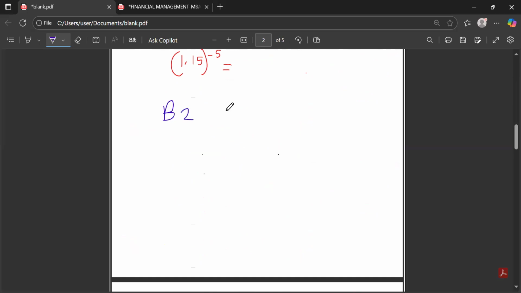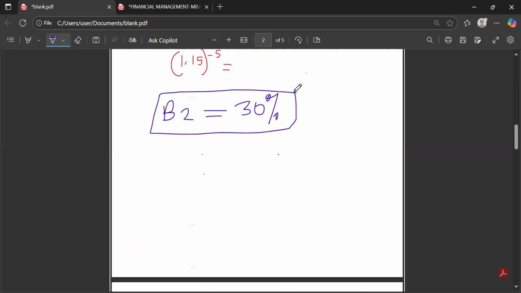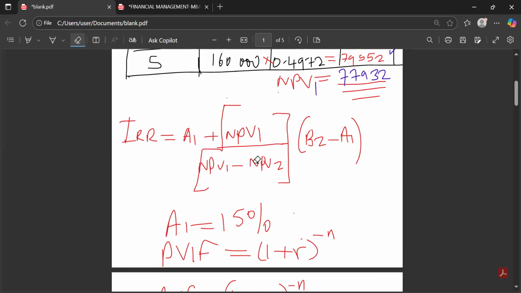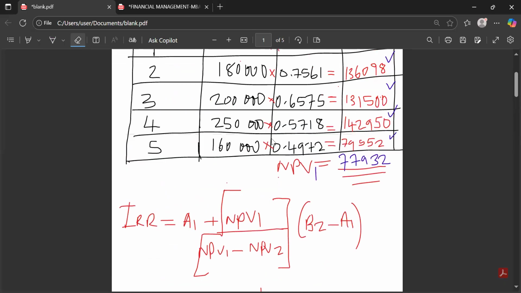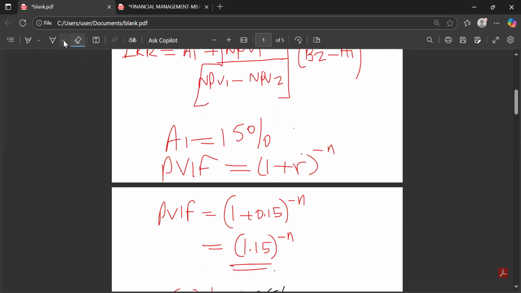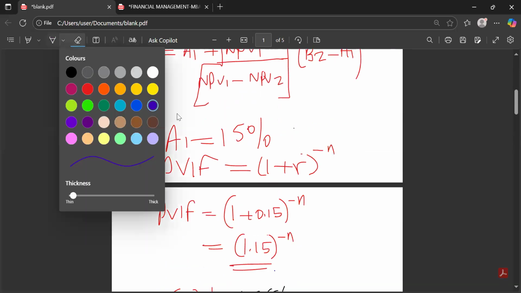Let's use B2. You can even use 30%, there's no problem. Use from the table the largest possible rate. Unfortunately, you can't locate the tables, so it will be 1.3, okay? Because this one we found is 77.9. So let's use a very high rate so that we get a negative, because this 77 is too big. For it to become negative, use a very large rate.